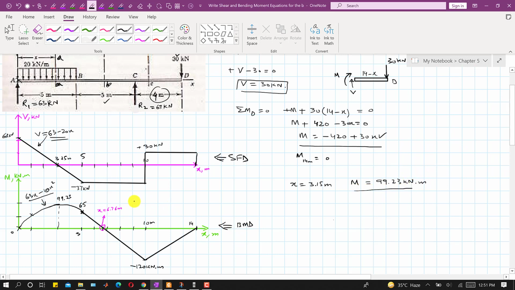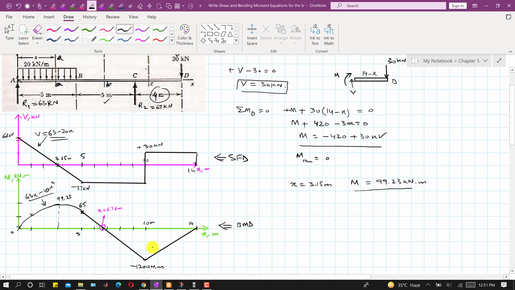And similarly, from x equals to 5 until x equals to 10 meters, the shear force remains constant, and that value is minus 37 kilonewton. And similarly, from x equals to 10 until x equals to 14 meters, the shear force again remains constant, and the value is 30 kilonewton.